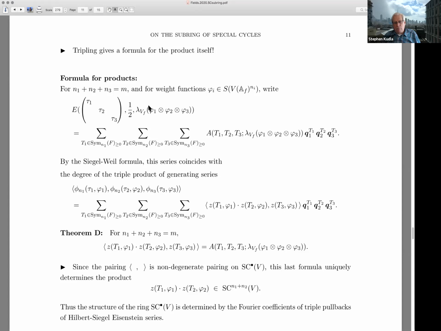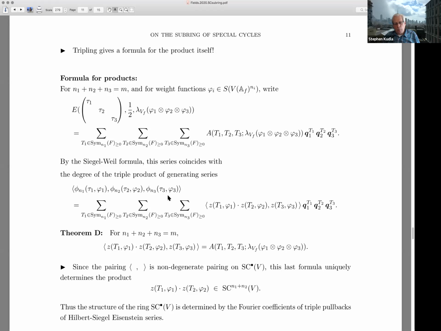And by the same argument, I get the same Eisenstein series, but with the triple data pulled back in a triple way, like this. On the one hand, I get a triple modular form in 3 variables, which has a Fourier expansion in 3 variables as a Hilbert-Siegel tri-modular form.